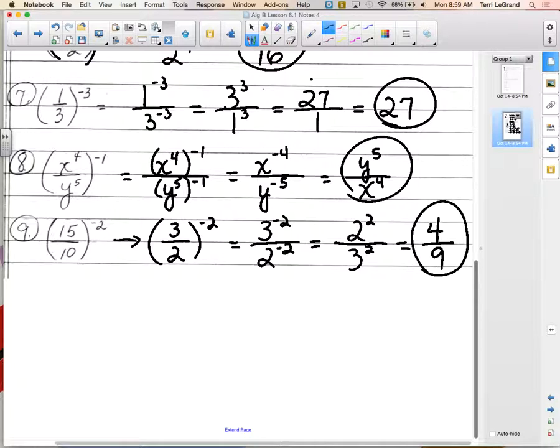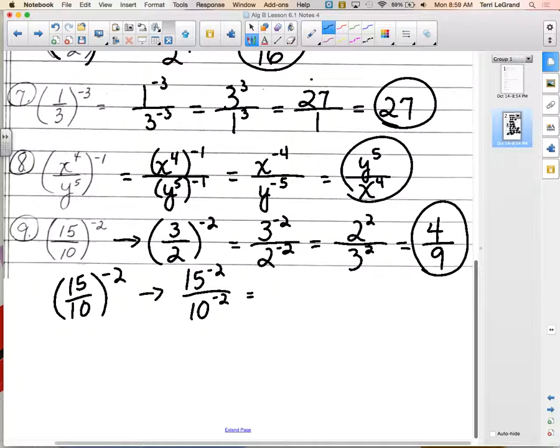Now had we kept it just the way it was and worked it, we would have ended up with the same answer in the end. You can just watch me do this, or you can add it onto your papers if you want. So 15 tenths to the negative 2 power. We would have given 15 the negative 2 power, the 10 the negative 2 power.